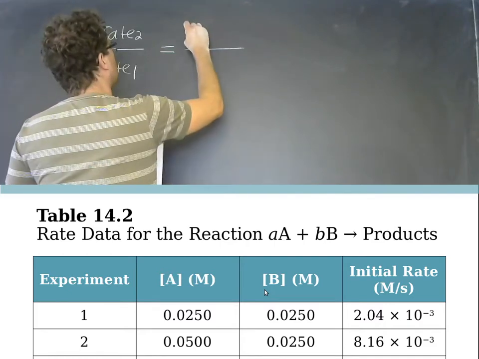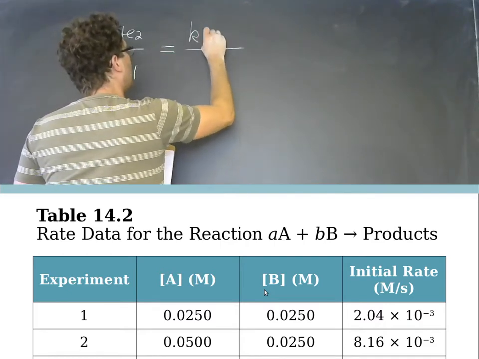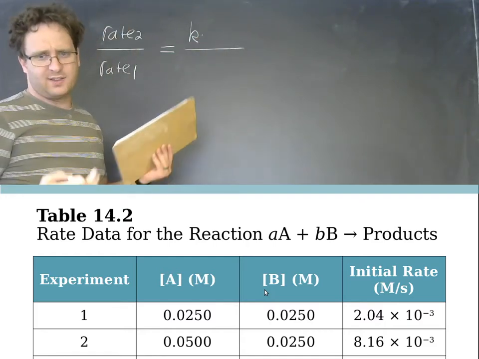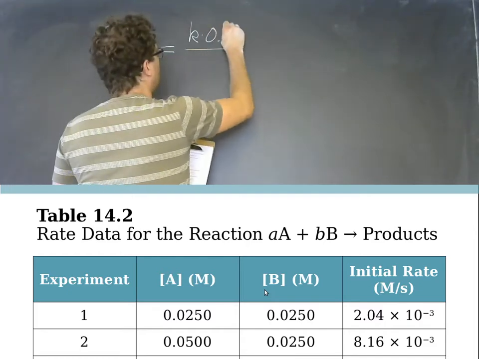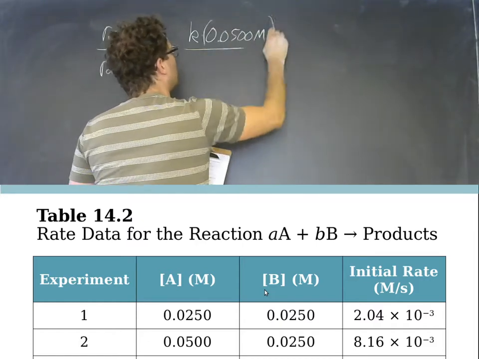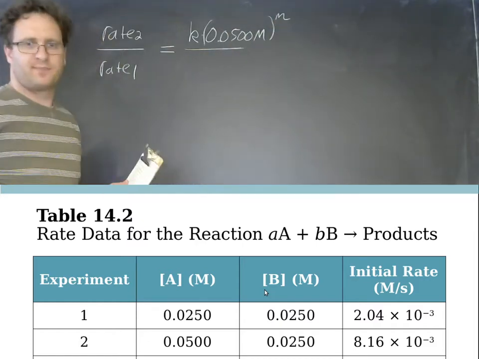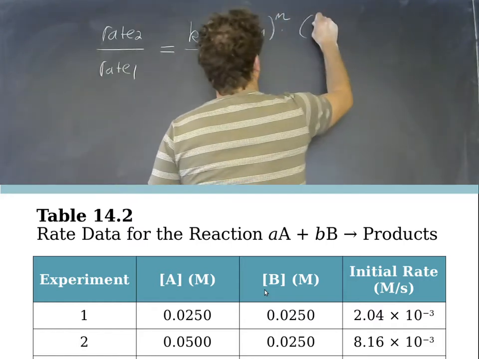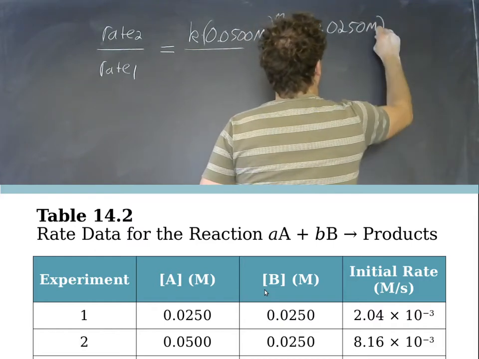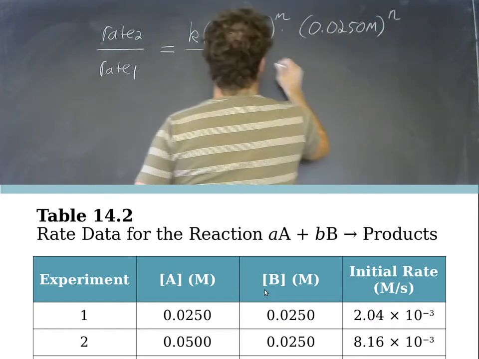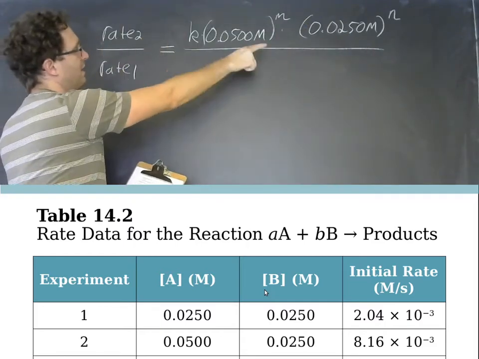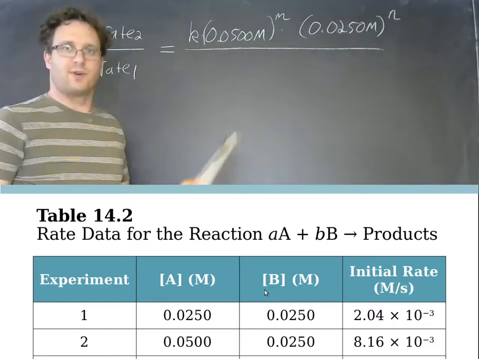Rate 2 is equal to K times the concentration of A in the second trial, which is 0.0500 molar, raised to some unknown power m, times the concentration of B, 0.0250 molar, raised to some unknown power n. Remember, that's the rate is equal to this. That's just the definition of the rate law.